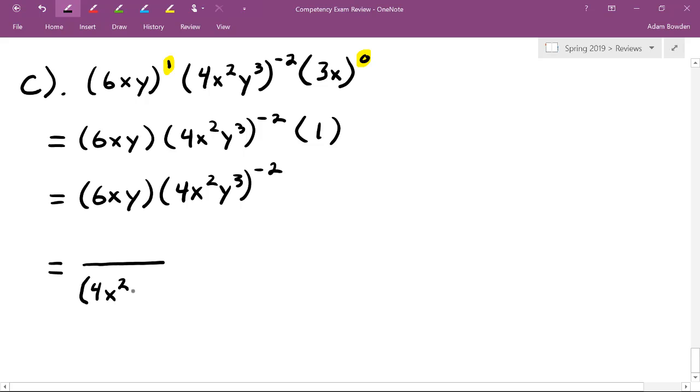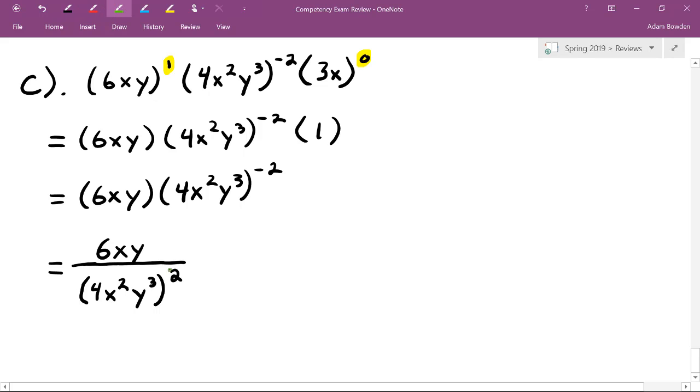So all this stuff raised to the negative 2 power, to take care of the negative power, we move it down to the denominator and make it a positive 2 power instead. And nothing else really changes, just that part. Now all this stuff that's not being raised to the negative power, the 6xy, goes on top. Okay, so we'll put that on top and all the other stuff underneath.